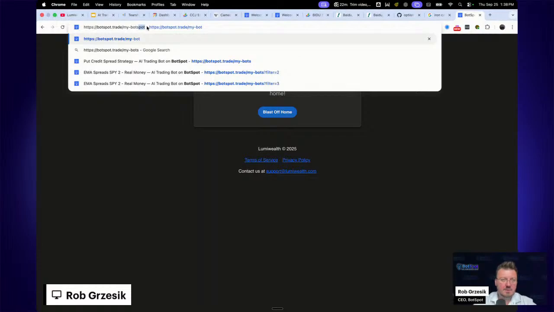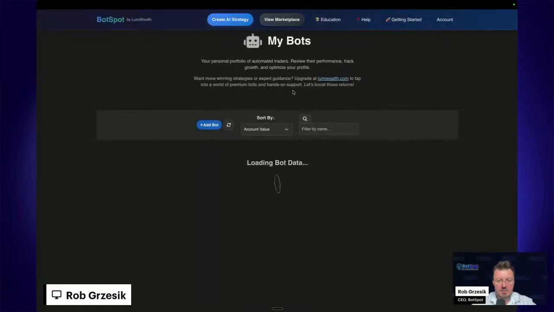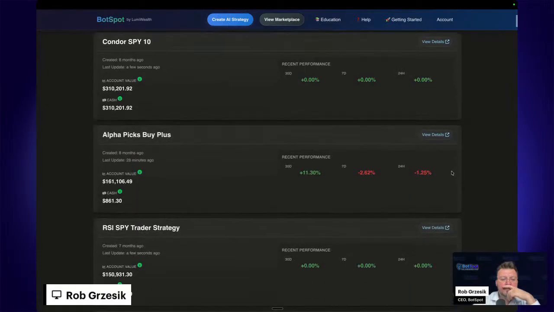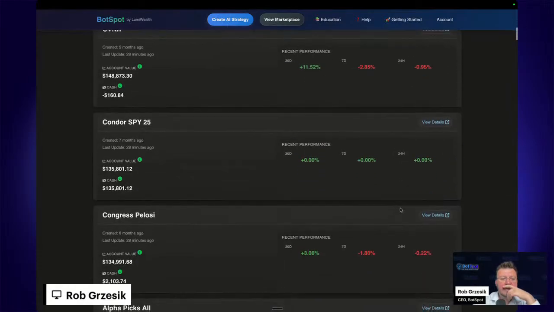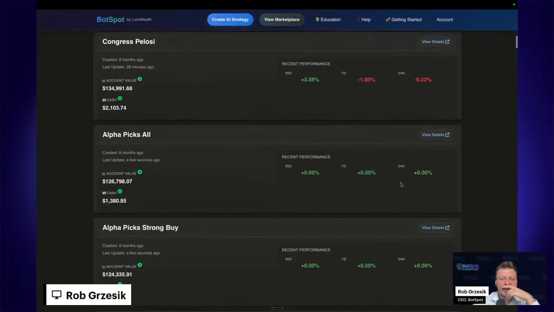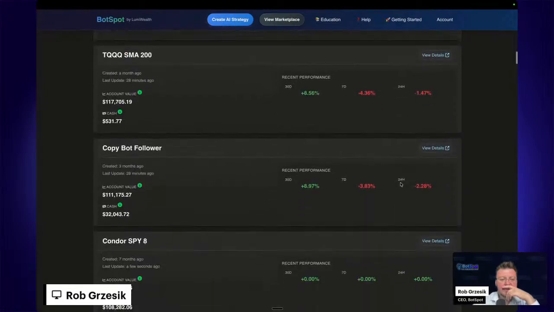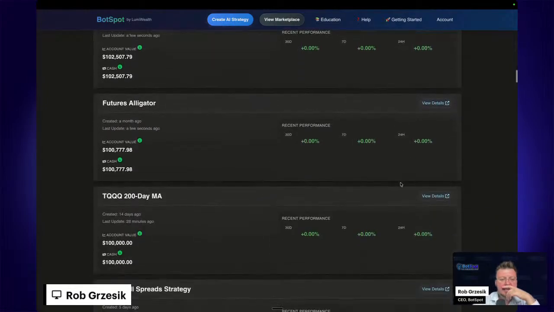Bots. Let's see here. I was looking through this other day and I remember seeing it. I was like, wow, this thing's actually doing pretty well. Carvana, SPY 25, SPY 8.